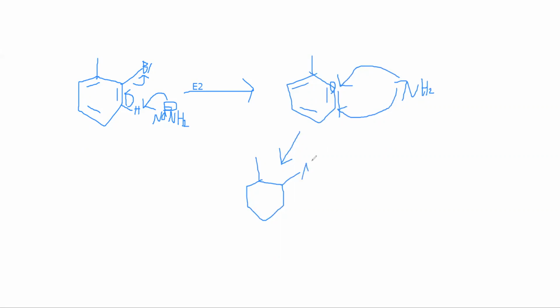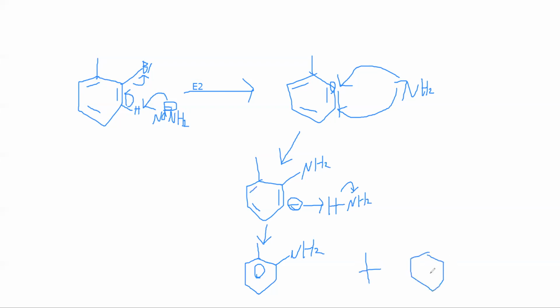If it does that, you get an NH2 here, and then you would end up with a negative charge here. That's just going to get protonated to get rid of the negative charge. In the end, you replaced the bromine with an amine. But like I just said, it can also attack the other end of that triple bond, so you're also going to get this product.